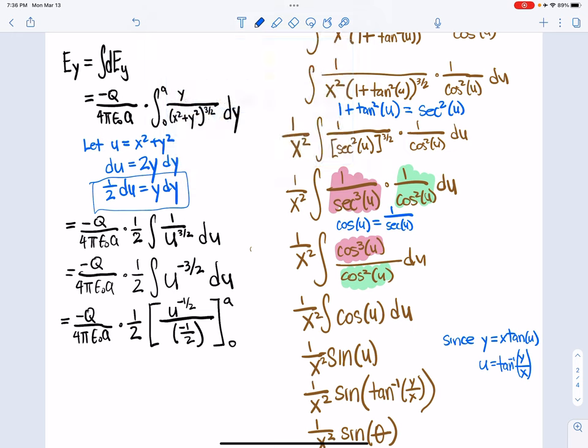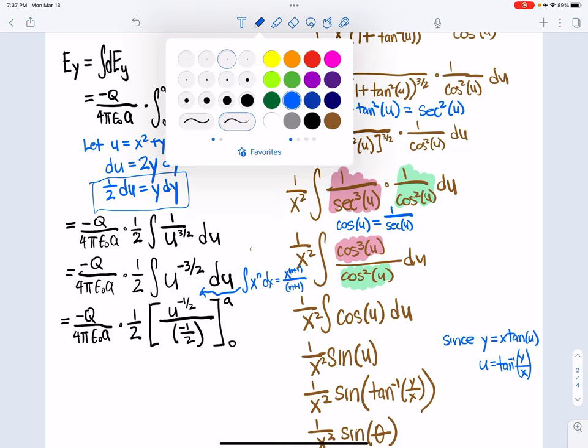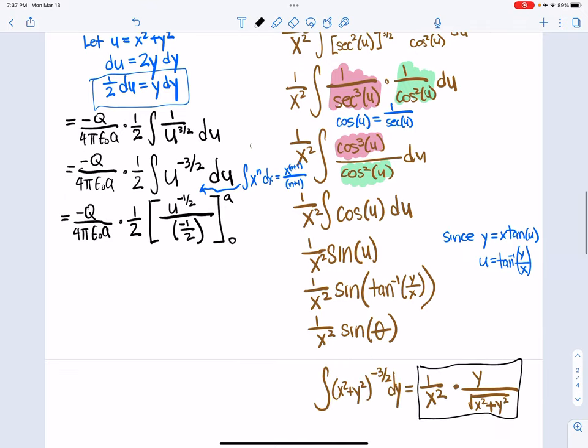If you didn't know how I got that, that's because the integral of x to the n dx is equal to x to the n plus 1 divided by n plus 1. Okay? So that's how I went from this to here. We're almost there, guys.